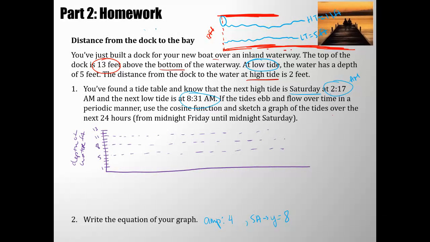The other thing that I know is that high tide is going to happen at 2:17. And I'm looking at this whole day, so I'll make it go to 24 hours.